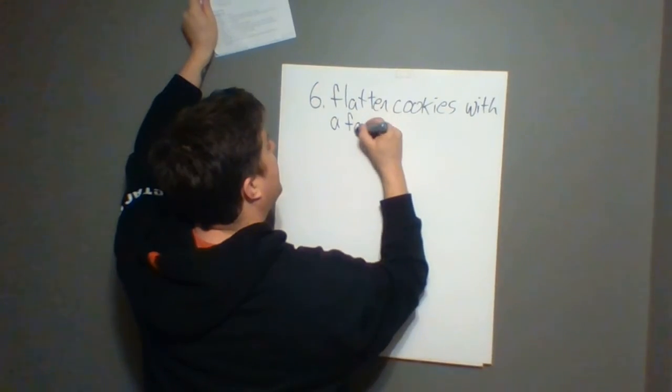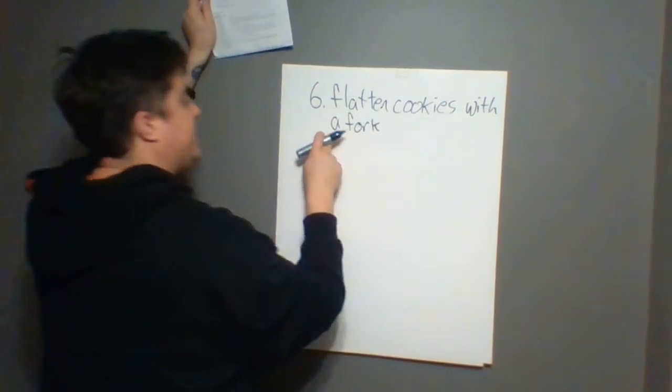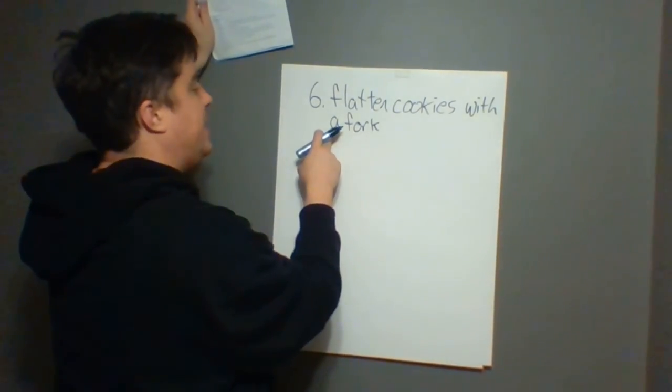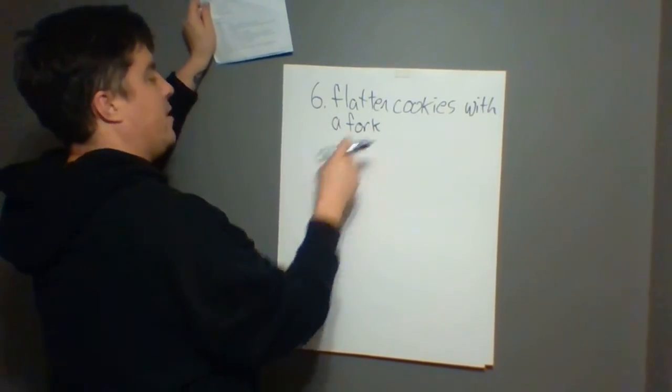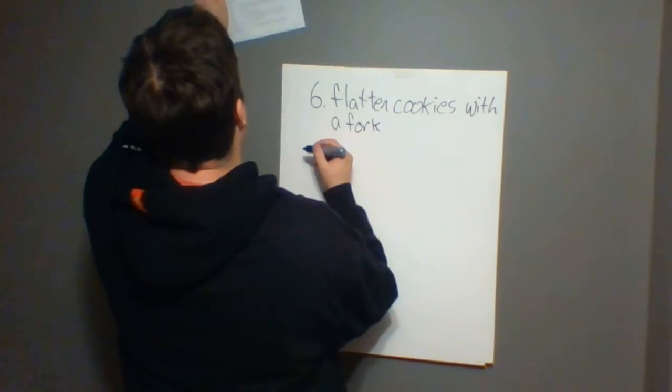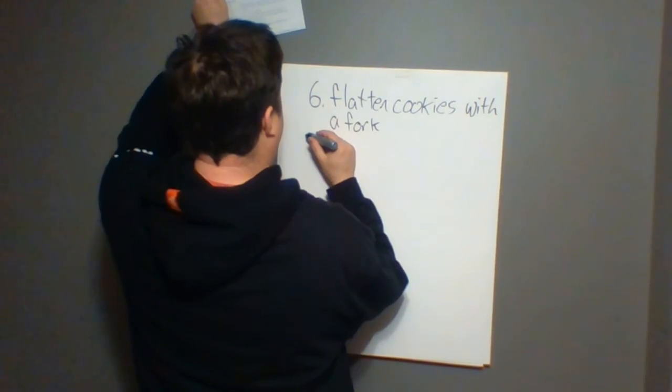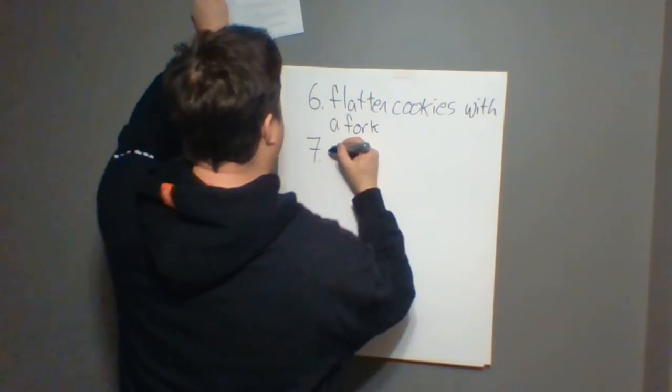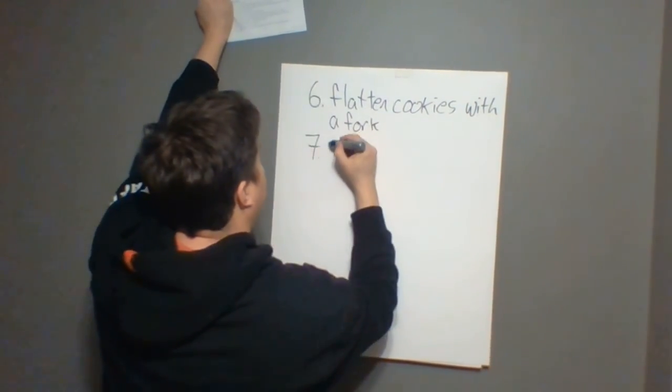The word "a" in this case signifies just one, so you're just using 1 fork. 7, in line.